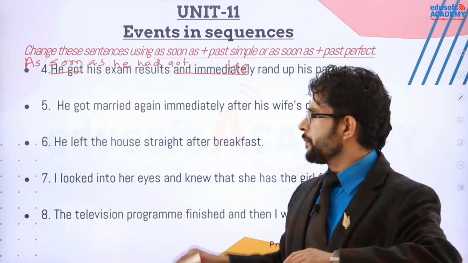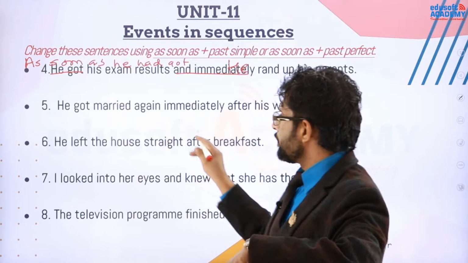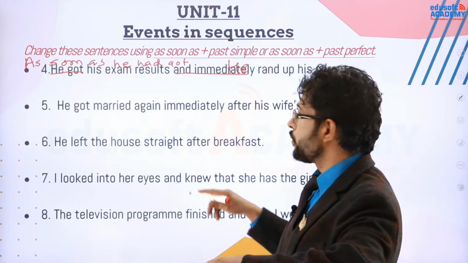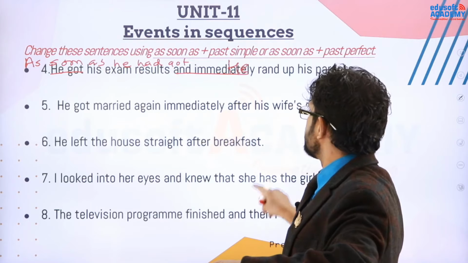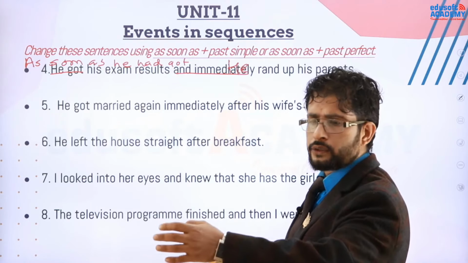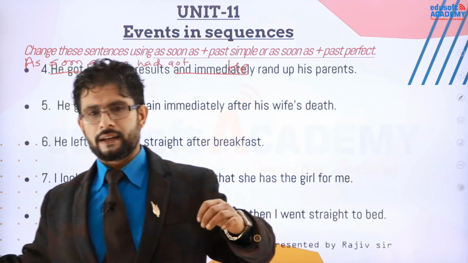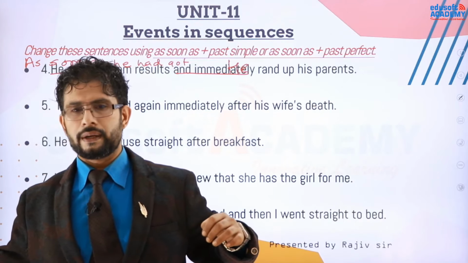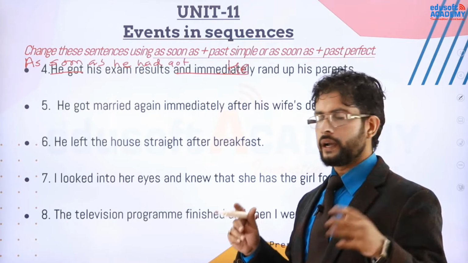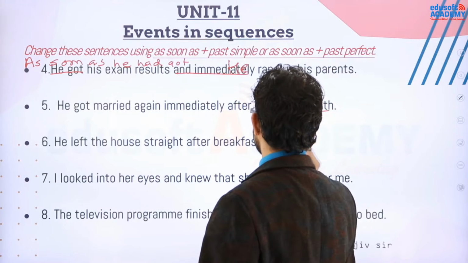Now look at over here, number 6. He got married again. That means earlier also he had a wife. Immediately after his wife's death. So the first action: his wife is saying goodbye, and he is saying to another woman, let's go on honeymoon. No, that doesn't happen. First, what happened? His wife died. So this is the first action over here.